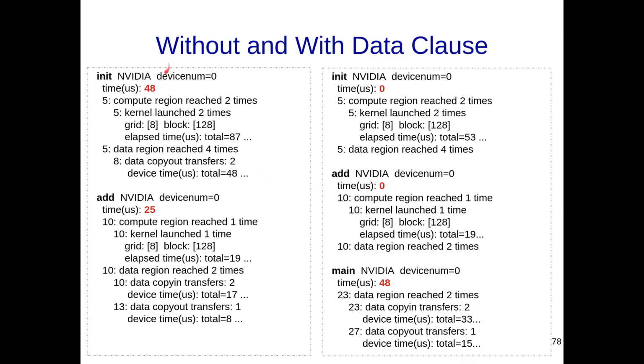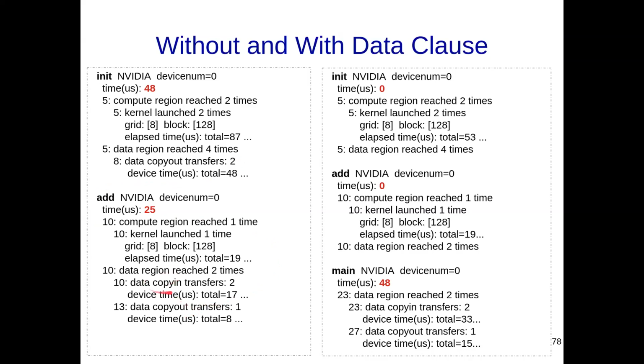As far as the original code is concerned, the initialization took 48 microseconds, and the data copy out transfers also suggest that there were two copy outs done, one for A and another for B. And then add was done, which took around 25 microseconds, and we can see the data region.